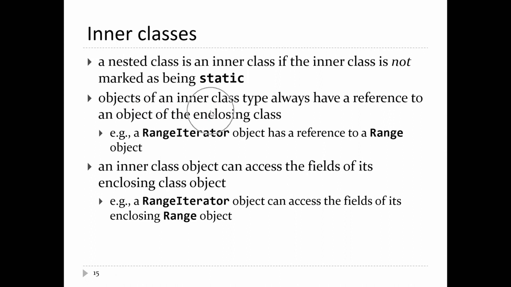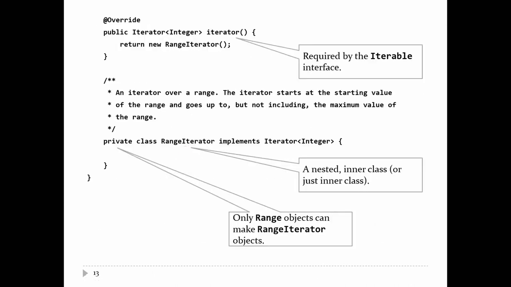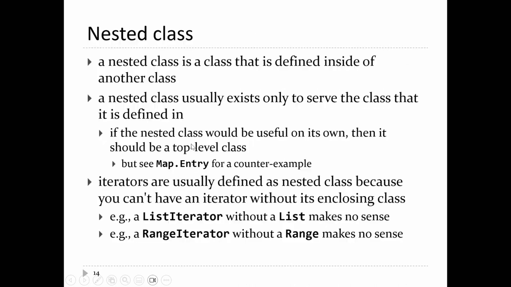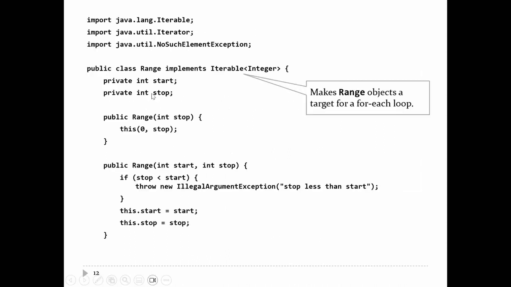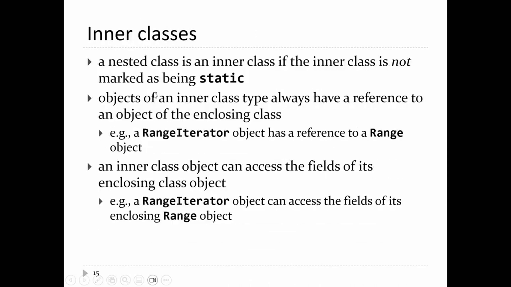Objects of an inner class type always have a reference to an object of the enclosing class. What does that mean? If you look at that sentence on its own, it seems kind of confusing. All that means is that range iterator is an inner class, so every range iterator object has a reference to its enclosing range object.